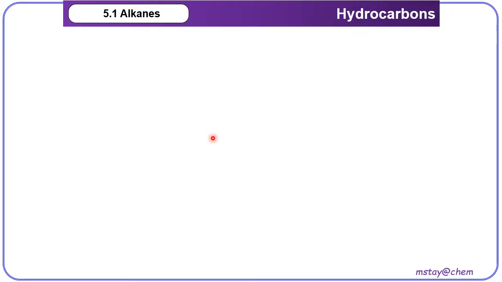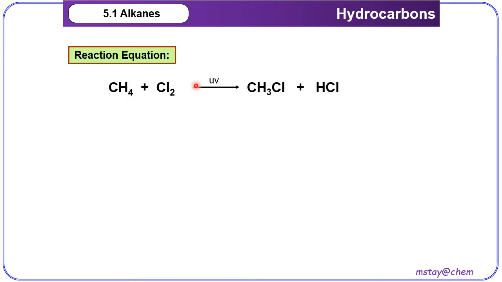Okay, now let's go in detail into how the mechanism of free radical substitution works. As usual, before we start with the mechanism, we need to have the chemical equation. So from here, methane, which is an example of alkane, reacts with chlorine in the presence of UV to form CH3Cl and HCl.